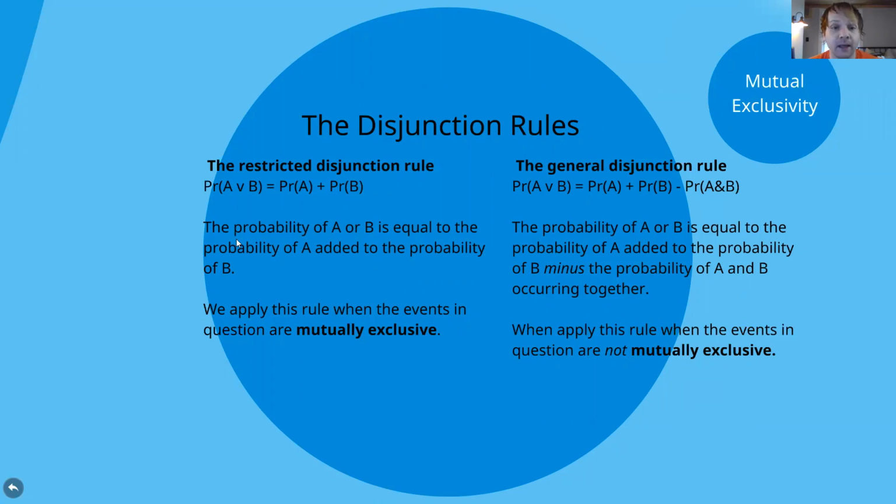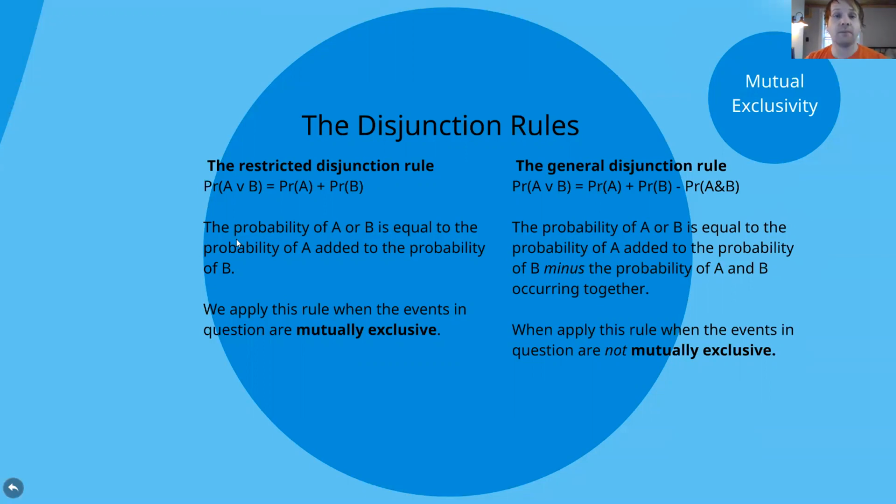So what does that mean? Mutually exclusive here just means that the events cannot happen together. That is, they're inconsistent, right? So think about this in terms of the flip of a coin. If we ask what the probability is of flipping heads or tails, well, we know that in virtue of getting heads as a result, we have not gotten tails. And in virtue of getting tails, we have not gotten heads.